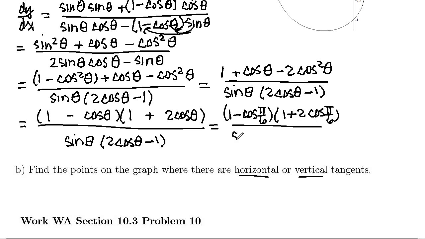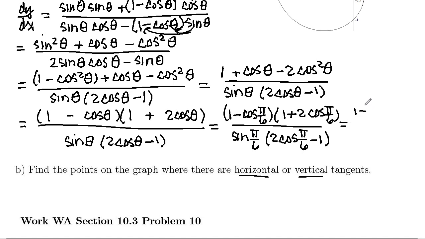Denominator, we've got a sine pi over 6, and then 2 cosine pi over 6 minus 1. Notice that these two guys don't cancel because that's got a minus sign and this one doesn't.